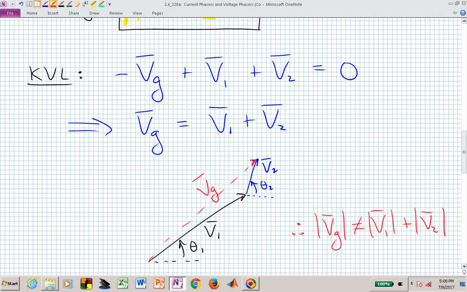If you flattened V1 and V2 or aligned those along V sub G, you would see that their sum gets bigger than V sub G, and that says that we can't just treat these voltages or currents for that matter as numbers. We have to treat them as vectors.